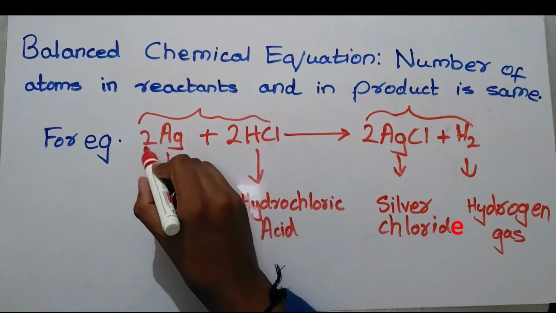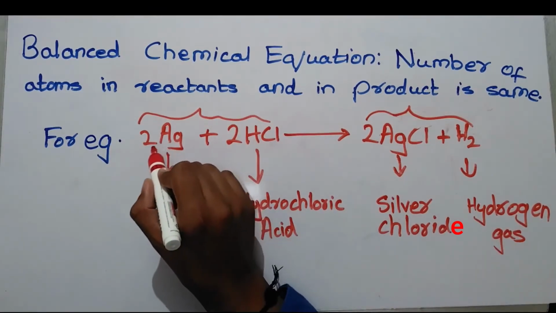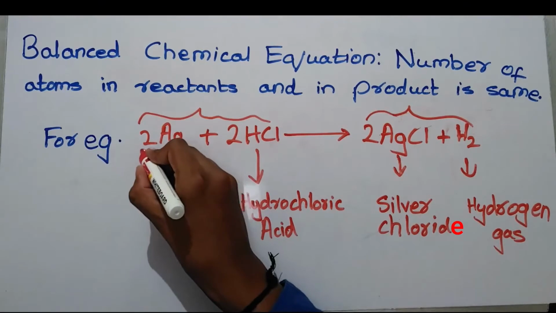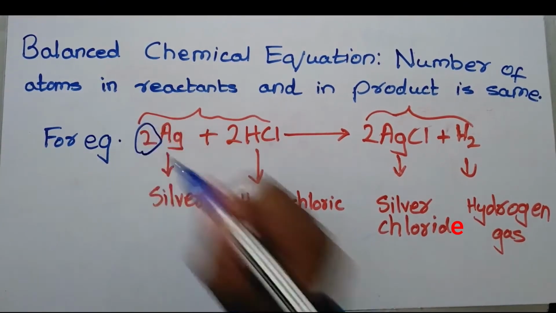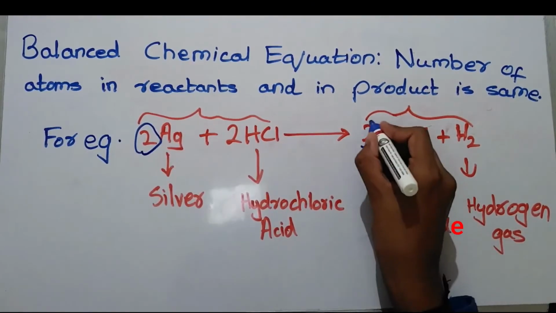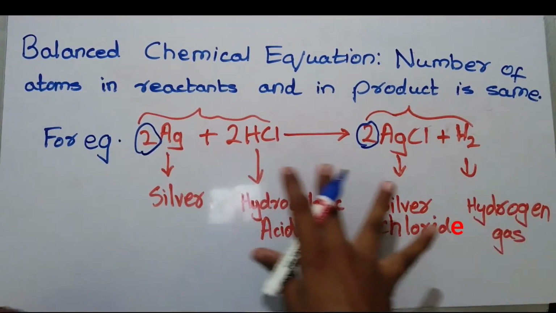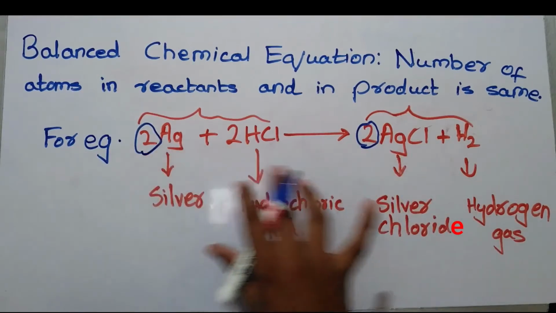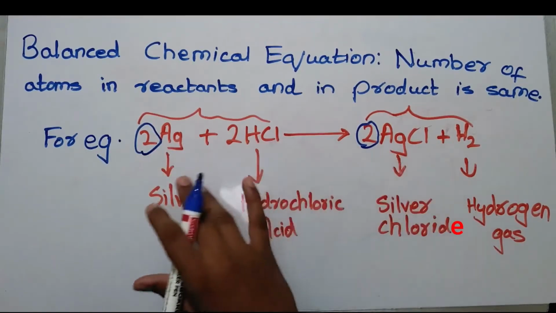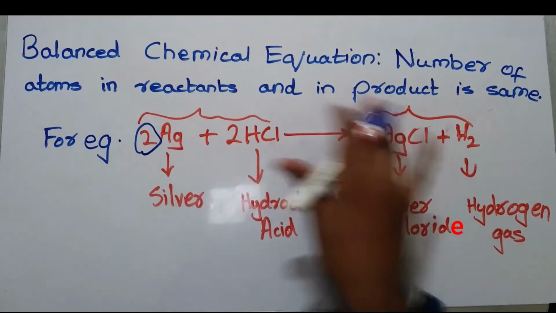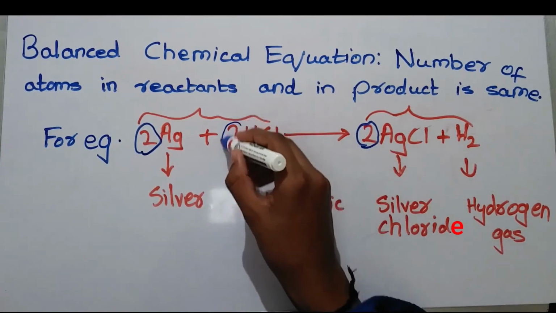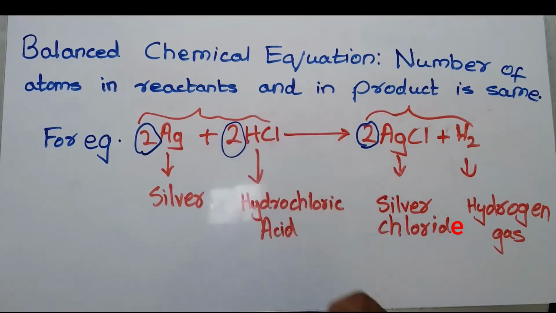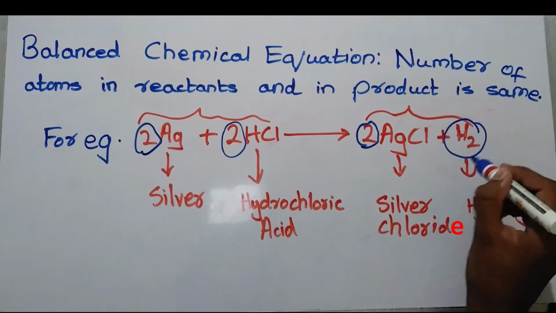If you carefully see, here the silver, that is Ag, has 2 atoms, and here also Ag has 2 atoms. So you can see that silver in these two cases has the same number of atoms. So silver is balanced in this equation. Another one is H, hydrogen. Here H has 2 atoms and here also hydrogen has 2 atoms.